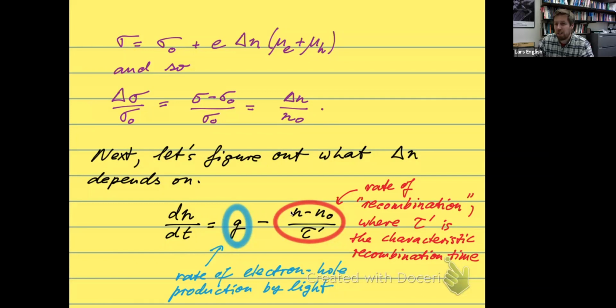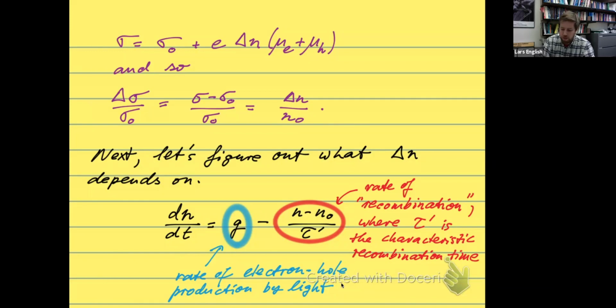But if we're significantly above the dark numbers, then we get this recombination to kick in. How fast does it kick in? It takes a time that I'm calling tau prime here. And that is the characteristic recombination time. You should see that the dimensions sort of work out as well, don't they? I have a numbers per second here, I get a numbers per second here. And this is also a rate. This G is a rate at which these numbers of pairs are produced.